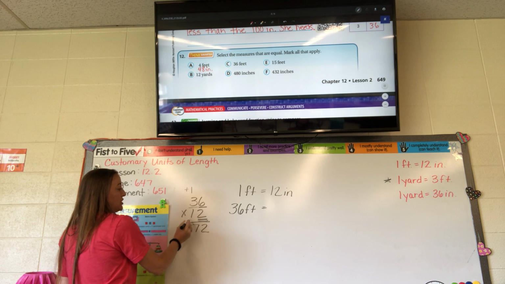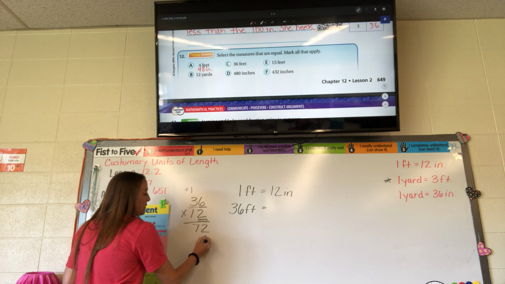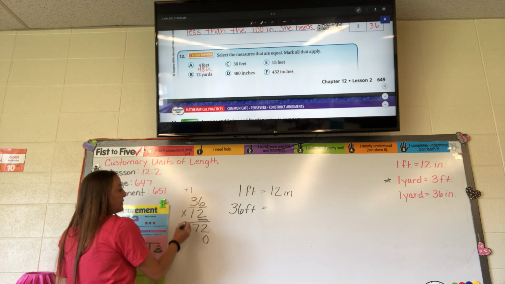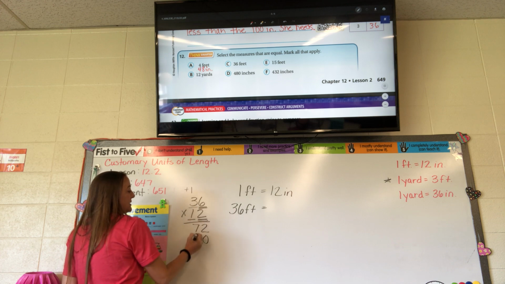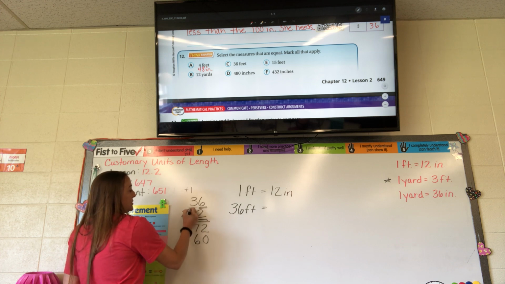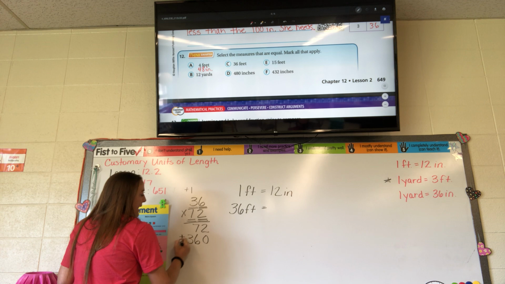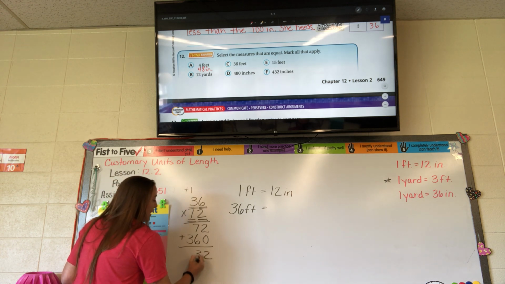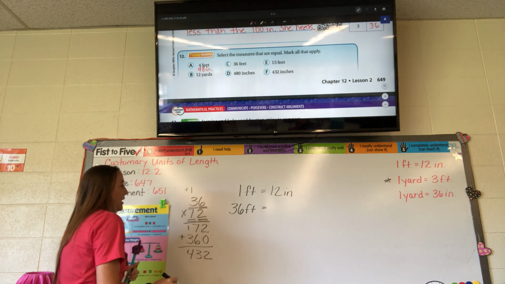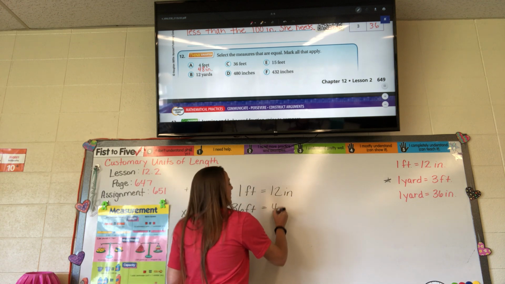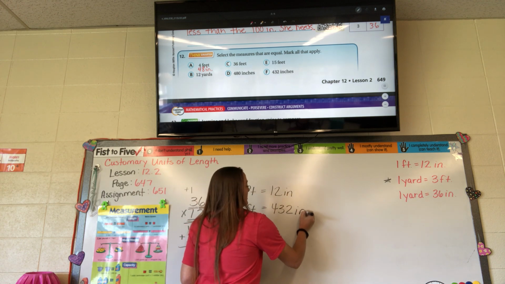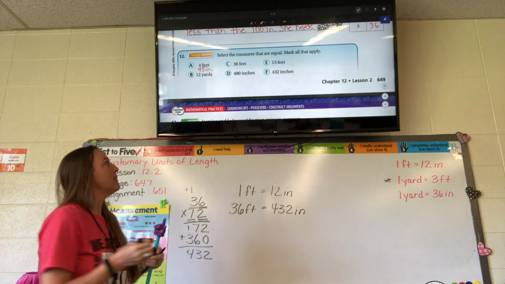Now we're done with 2. We're moving over to the 1, so we put our 0 placeholder and go 1 times 6 is 6. 1 times 3 is 3. And add those together and we will get 432 inches. Yay, we've got a match.